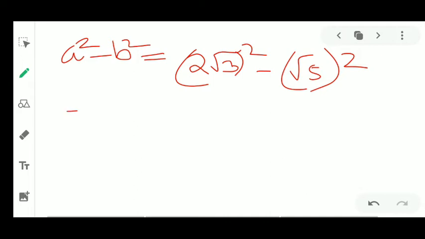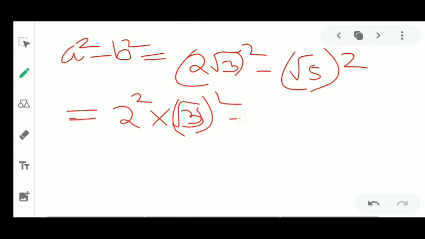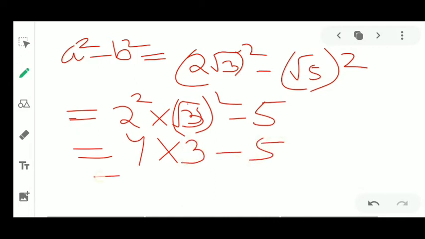So 2 square into root 3 square minus root 5 square gives us 5. So 2 square is 4, and for root 3 square, the square and root will cancel. Then we have 4 into 3 minus 5, so 12 minus 5. Clear?